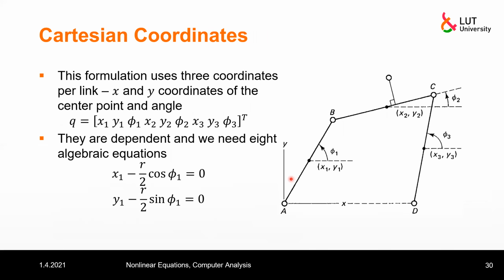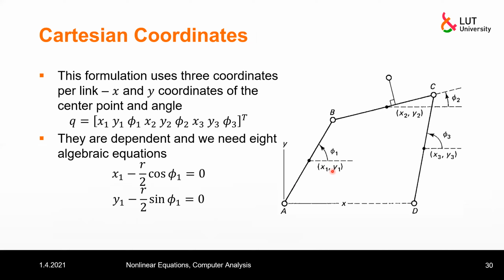And then we have Cartesian coordinates. In Cartesian coordinates we have really a large set of coordinates, and in this approach, for planar mechanisms like here, we always assign 3 coordinates for each body.